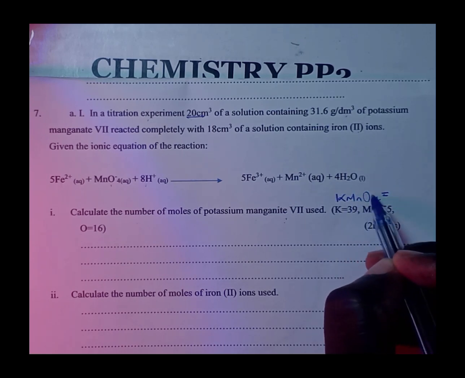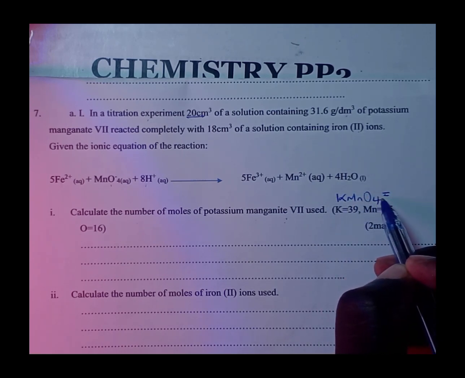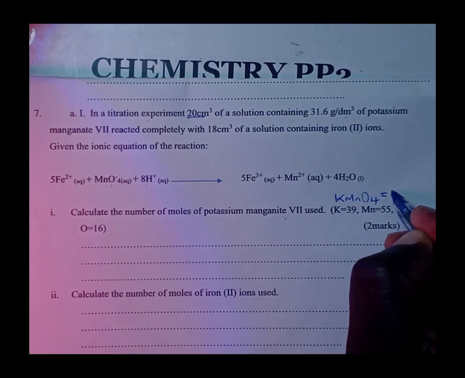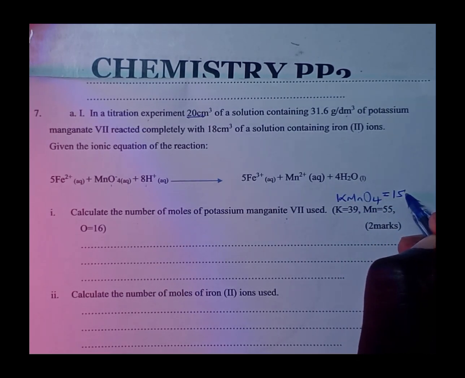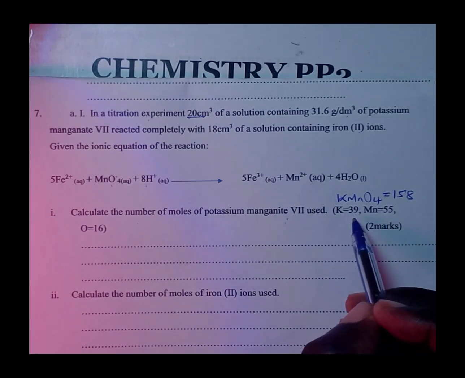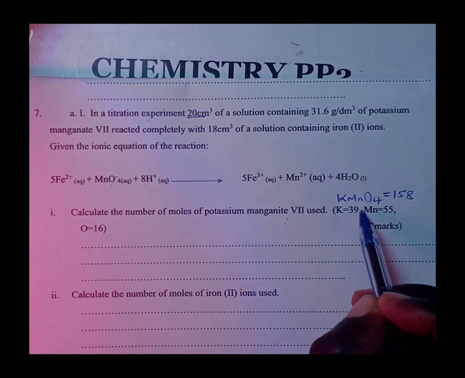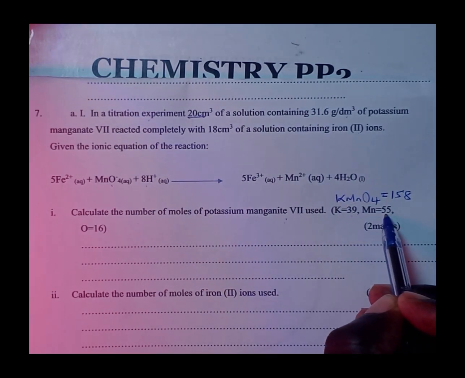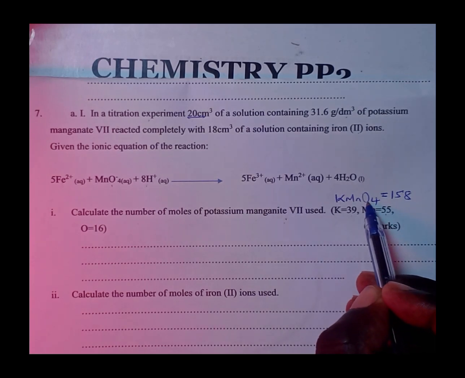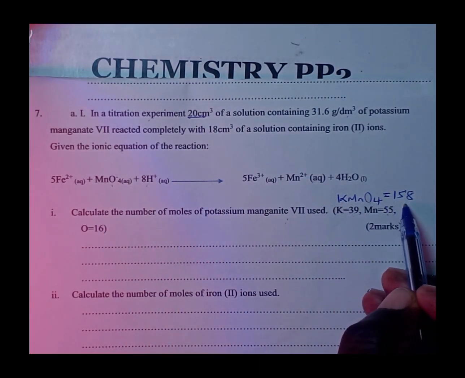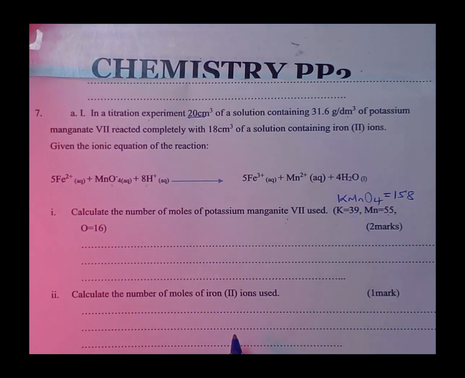That gives 158. We have potassium 39, manganese 55, and oxygen 16 multiplied by 4, then you add all of them, you get 158.